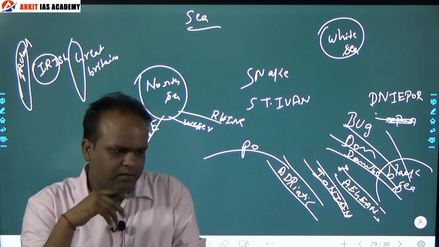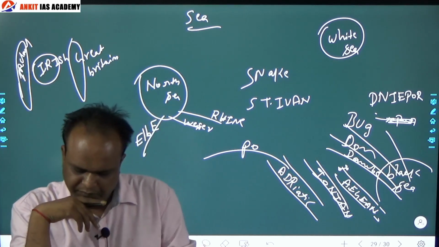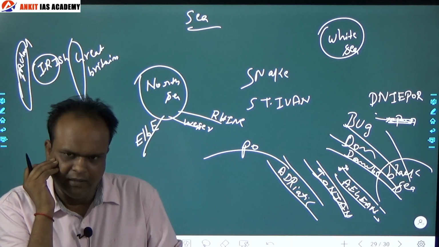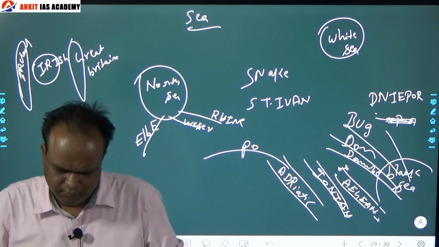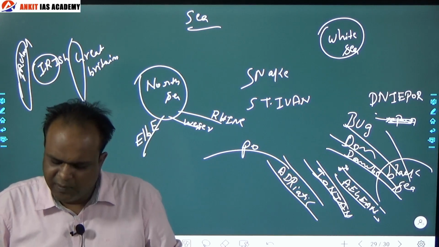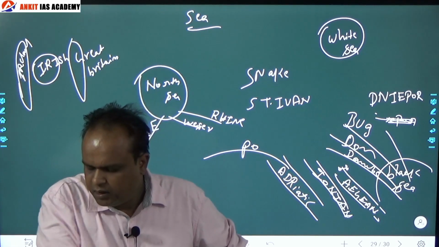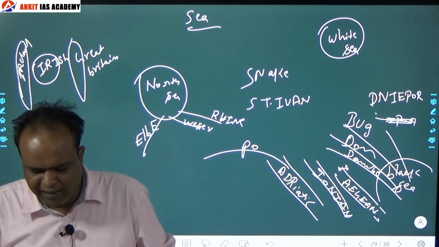Next one is Saint Ivan Island, located in Bulgaria, which is the largest Bulgarian island.